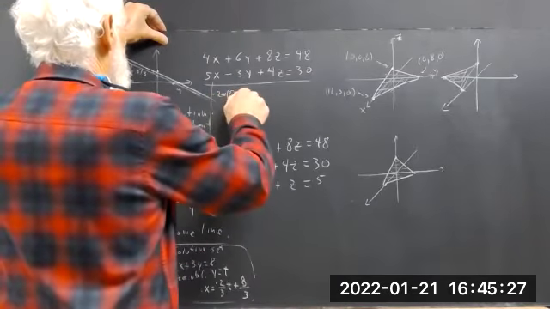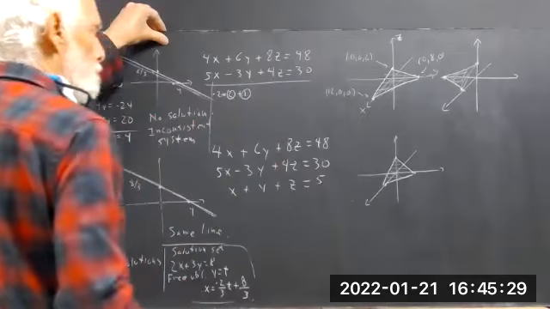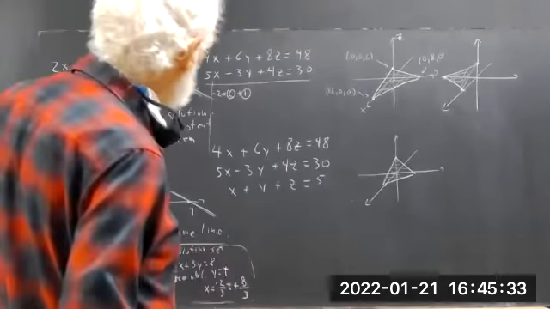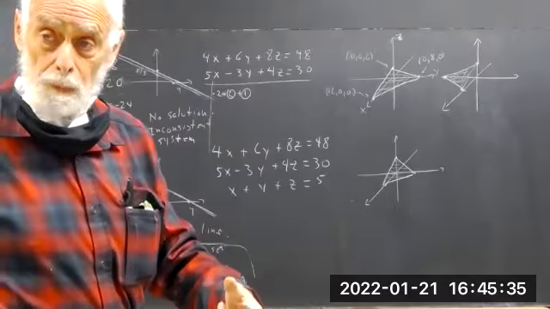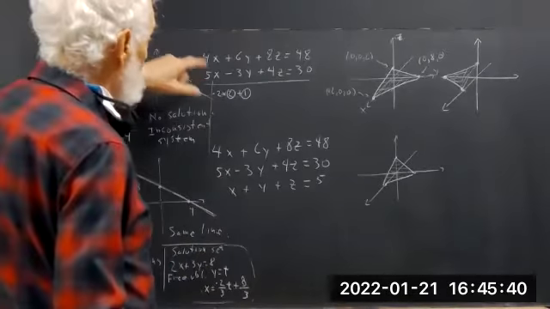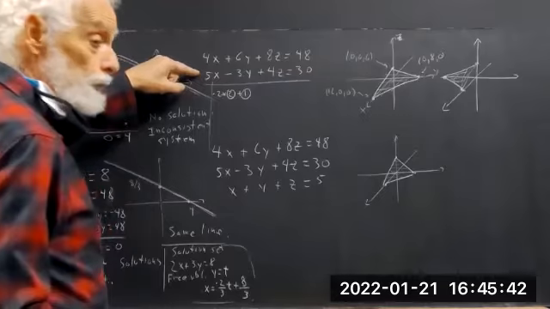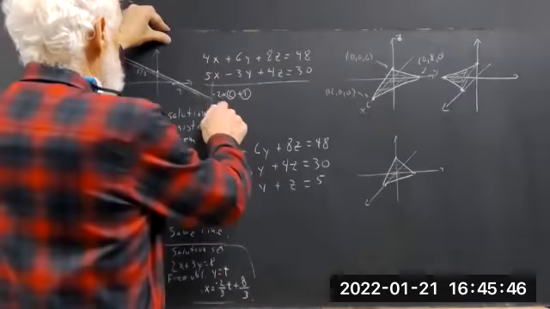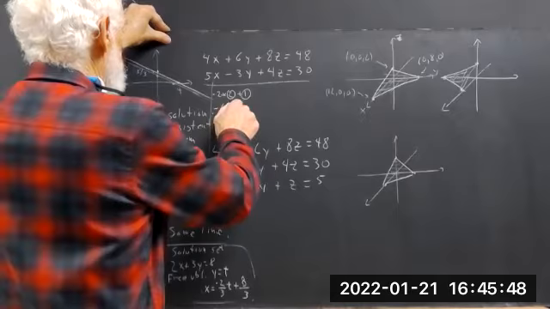I'm just going to do it in my head, which means I'll probably make a mistake, so you just correct me. Well, -2 times the second equation is going to give us -10 for the x. Added to the first equation, that's going to give me -6x.